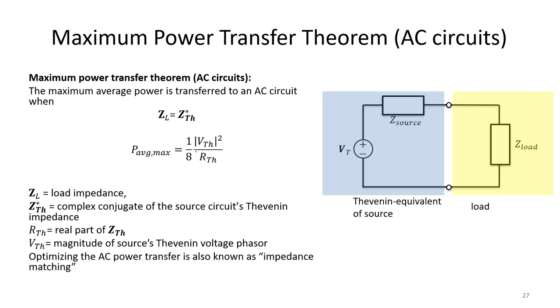If we want to transfer maximum average power between an AC source and a load, we need the impedance of the load to be equal to the complex conjugate of the Thevenin impedance of the source. If that condition is met, then we know that the maximum average power we're able to transfer will be given by the equation shown here.